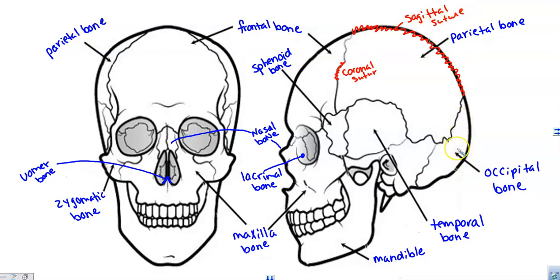Back here, touching that occipital, would be that lambdoid suture. And you do have to write the word suture. I left off the E up there. And then this one here that's connecting, again, we're getting all those that are connecting to the parietal bone. There are others. So this is the squamous suture right there. So that's suture.